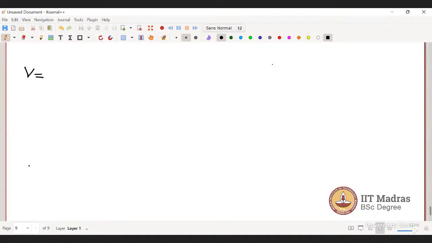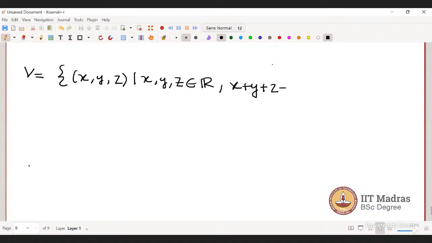So this is my vector space: X, Y, Z in R, and you have two conditions, one of which is Z equal to 0. So Z is always 0, right?